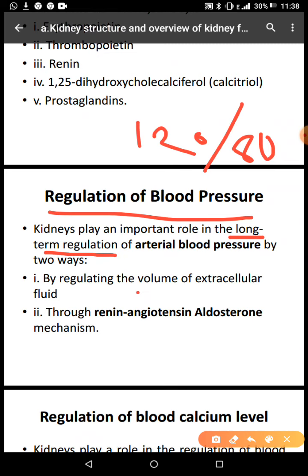It regulates the volume of the extracellular fluids and acts through the renin-angiotensin-aldosterone system. So any failure of the kidneys will affect the normal blood pressure. We'll look at the connection.